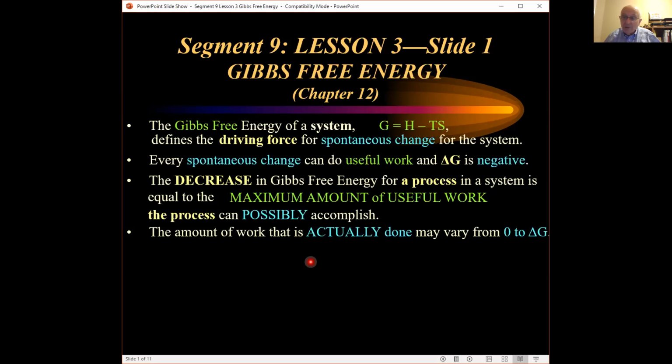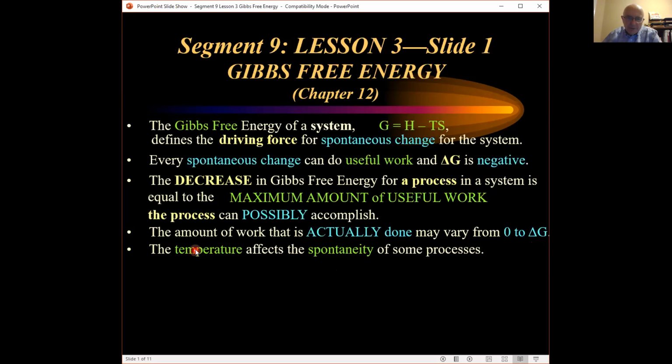Now, if you carry it out in any other way, you might get some work done. But the maximum you could get would be delta G. So what is actually going to happen is you're going to get a heat flow somewhere between 0 and delta G.